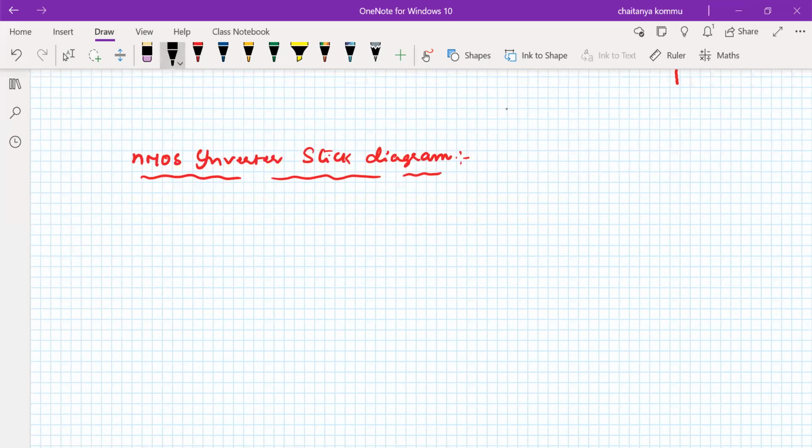What is the circuit symbol for the NMOS inverter? This is the logic representation. Okay, the circuit representation is something like this.